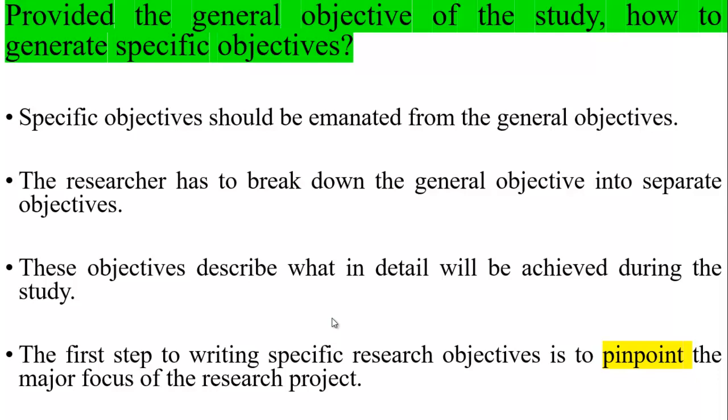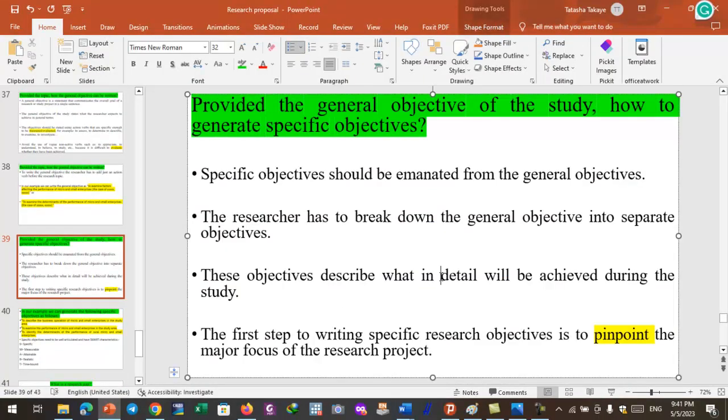Therefore, specific objectives should emanate from the branches of the general objective. We break down the general objective into separate yet interrelated objectives. These objectives describe in detail what will be achieved during the study.